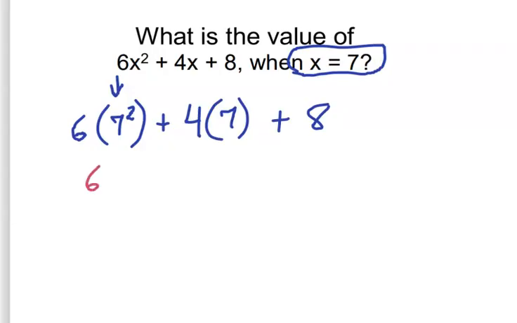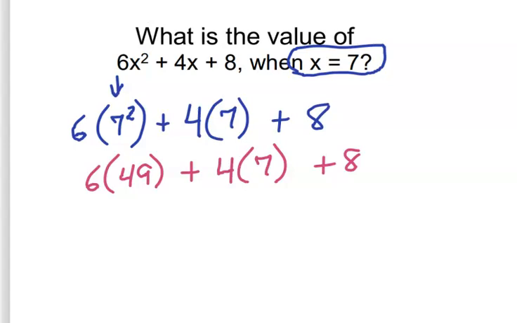So now we have 6 times 49 plus 4 times 7 plus 8. All right, so now we have basically just multiplication and addition left. And so we do have some multiplication right here and right here that we can do before we get to the addition. So we have the first one, which is 6 times 49.